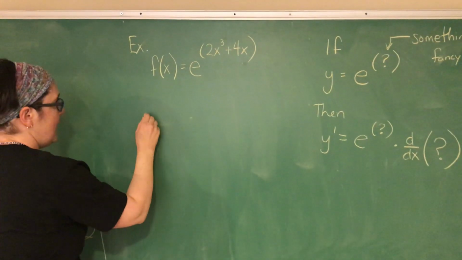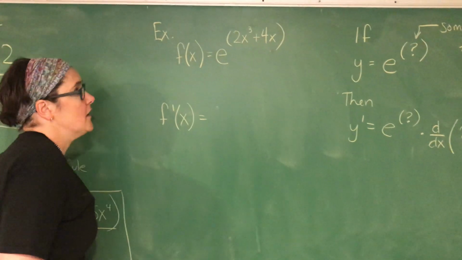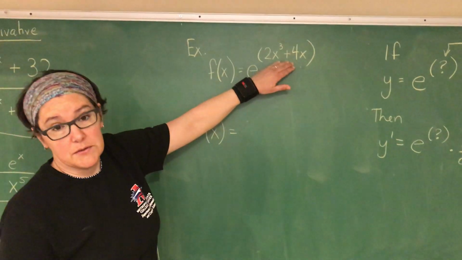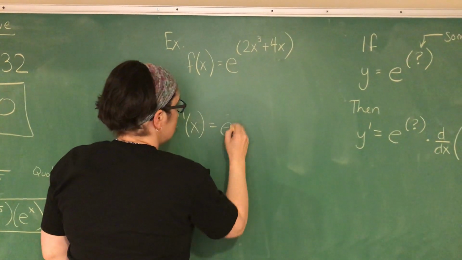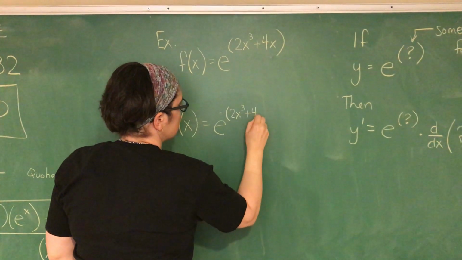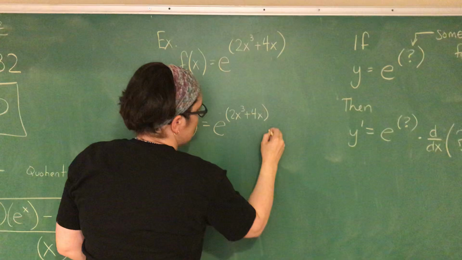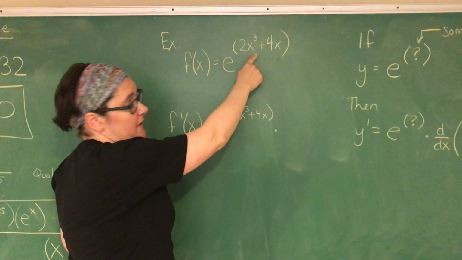So for our example, what that means is our derivative of e raised to fancy stuff is going to be e raised to that fancy stuff. So I copy this down exactly as written, and then times the derivative of that fancy stuff.